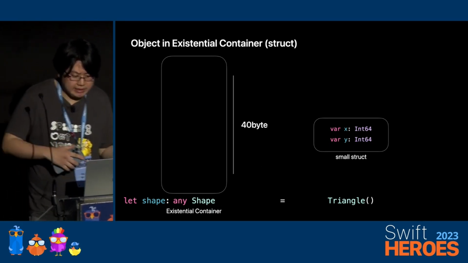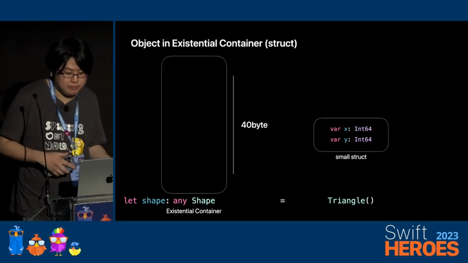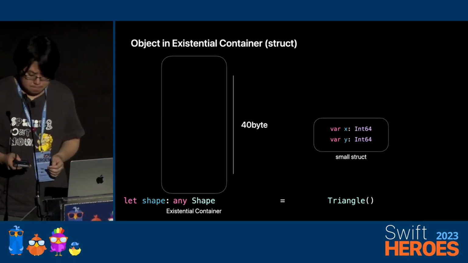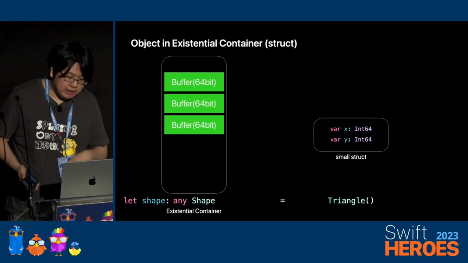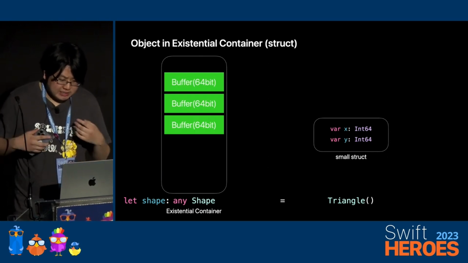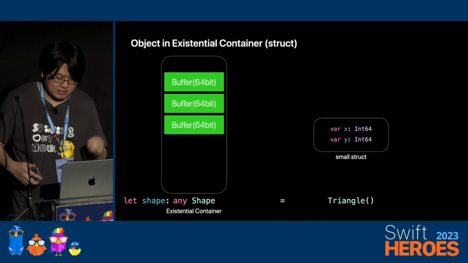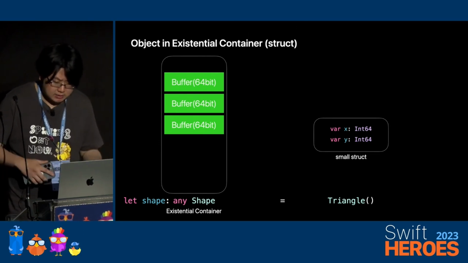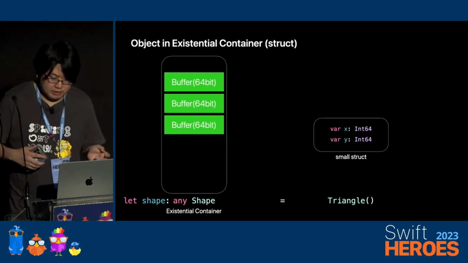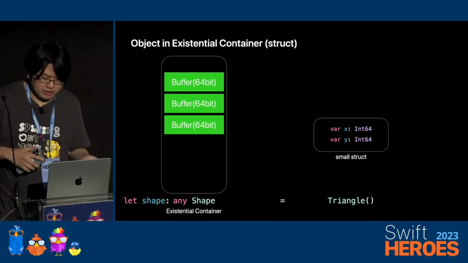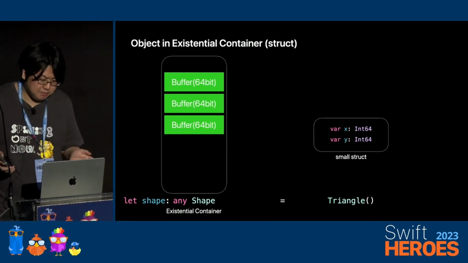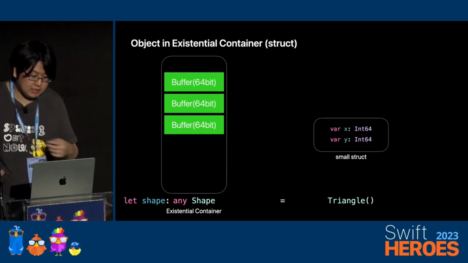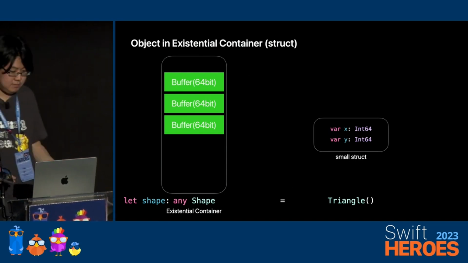That's why the MemoryLayout.size function indicates 40 bytes. Regardless of the protocol type, the existential container has 3 buffers inside the container, and each size is 64 bits. This buffer holds the value inside of the struct. If you use a 32-bit CPU, the buffer size is 32 bits.